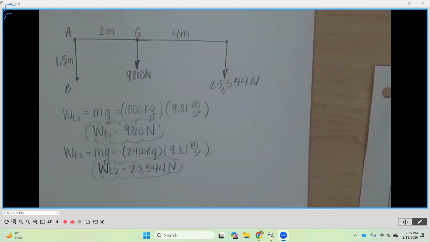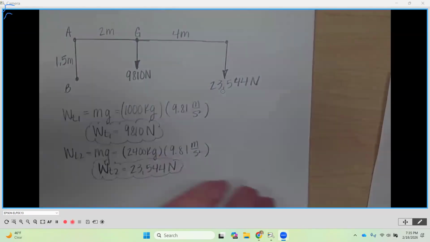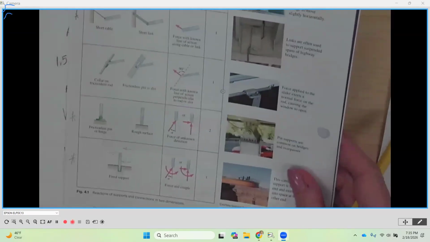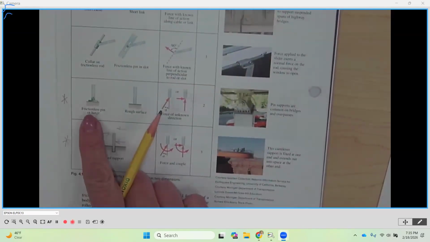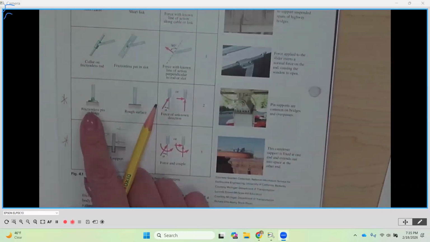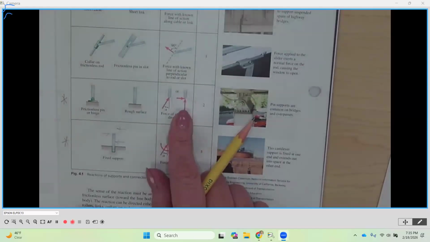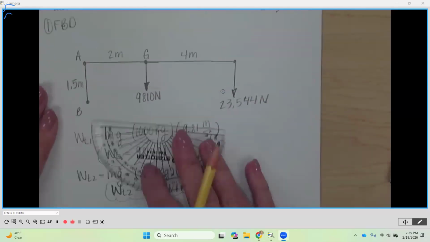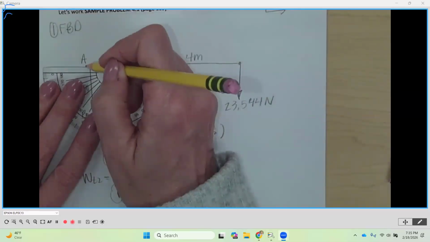Now we've got 2 supports, and they already told us there was a pin at A and a roller slash rocker at B. For A, we go back to page 260. This is the frictionless pin. Even though it didn't say frictionless pin, we're assuming that it's frictionless. 2 reactions, an X and a Y. So over here we're going to show an AX and an AY.